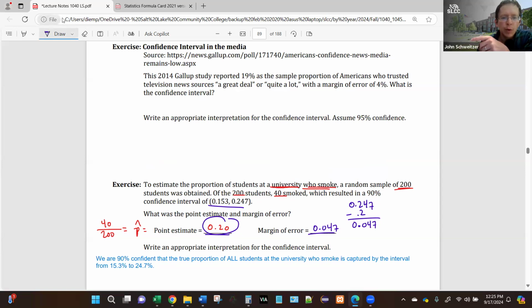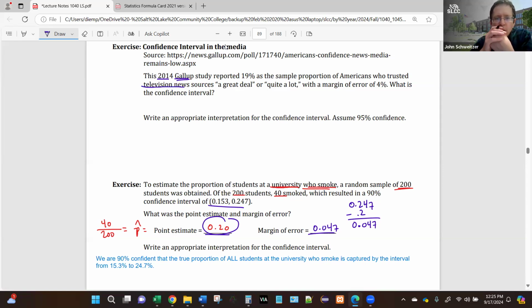We have another poll, this one coming from the Gallup organization. Gallup is a very large polling company, perhaps the largest, very prolific. They do polls about all sorts of different things. In this case, they were looking at the confidence that people have in the news, especially television news.